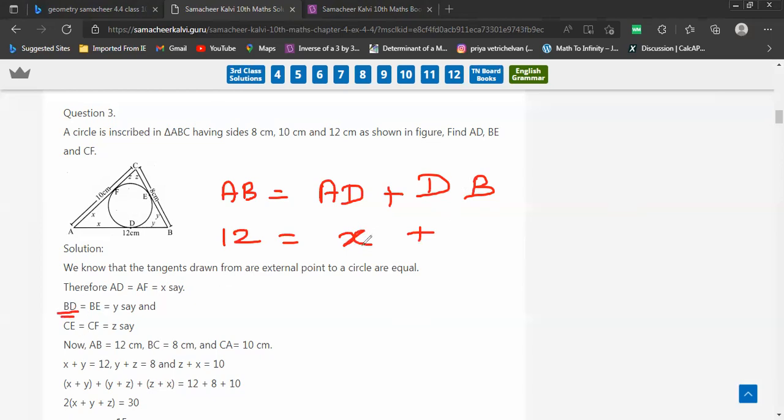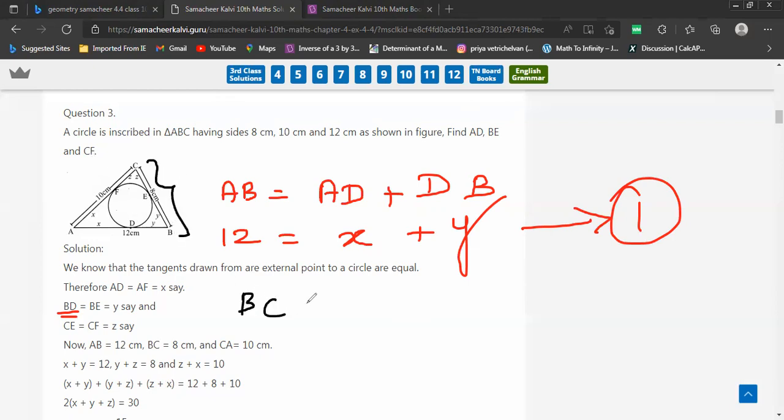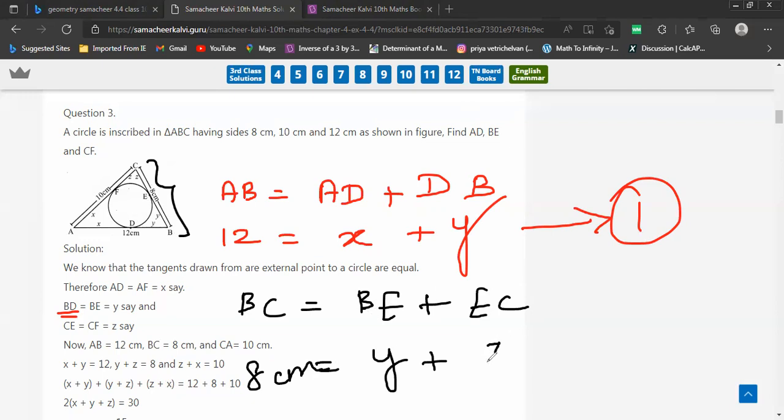DB, BD both are same, Y. So from this we can say 12 is equal to X plus Y. And you have BC. BC can be written as BE plus EC. And you know the value of BC, which is 8, given in the question already. And for BE, it's Y, and for EC, it's Z.